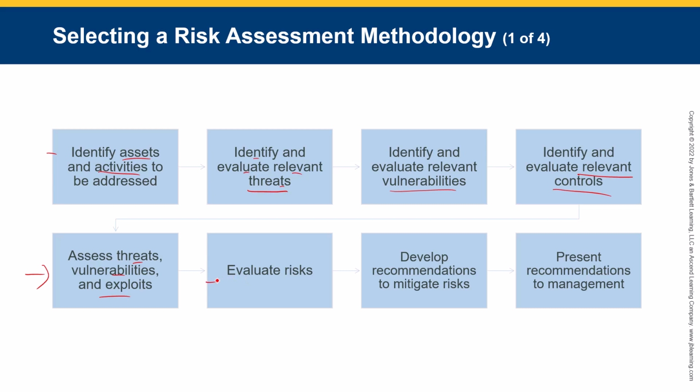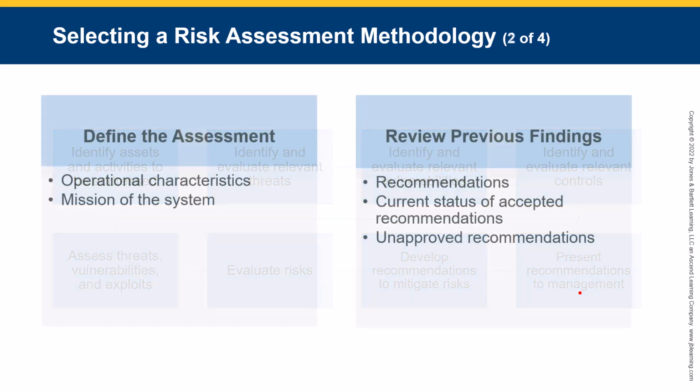That allows us to evaluate risk and define some type of risk matrix and quantify our risk at this point. From here, we can then provide recommendations for mitigating the identified risks, and then from there, identify our risk mitigation and other recommendations to management.